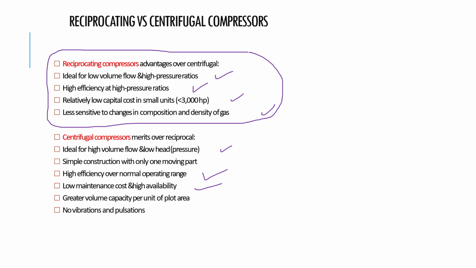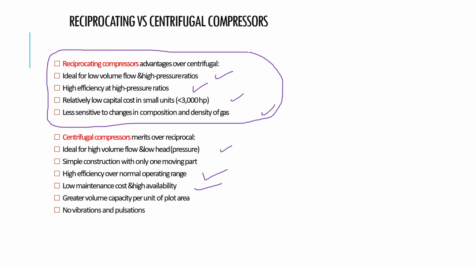So this is the list of advantages and disadvantages, and again, you don't need to memorize all these points. All you need to know is that the two basic types of compressor found in industry are the reciprocating type and how it works, and the centrifugal or rotary one and how it works. Some of them have advantages over the other. You just need to know one or two advantages, such as that the reciprocating one is good for low volume, and the centrifugal one is good for high volume.